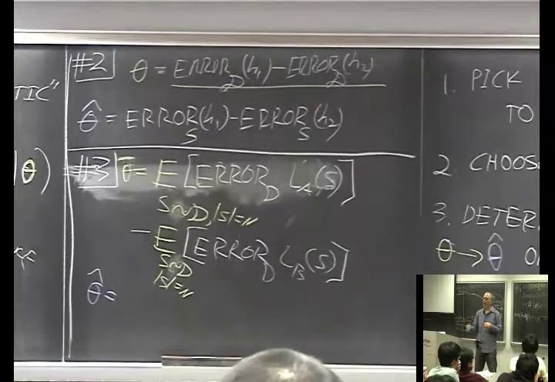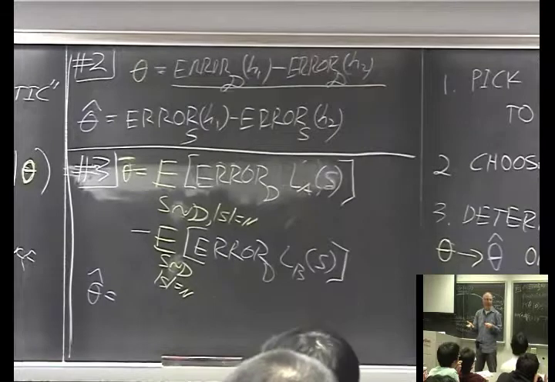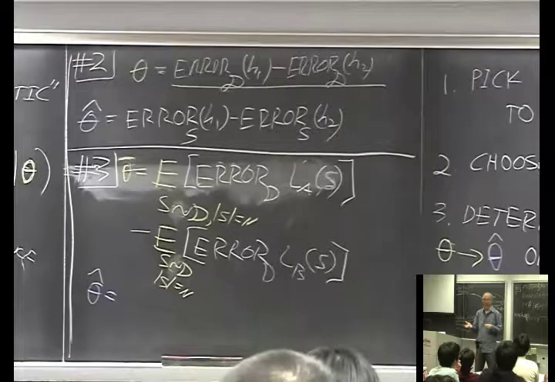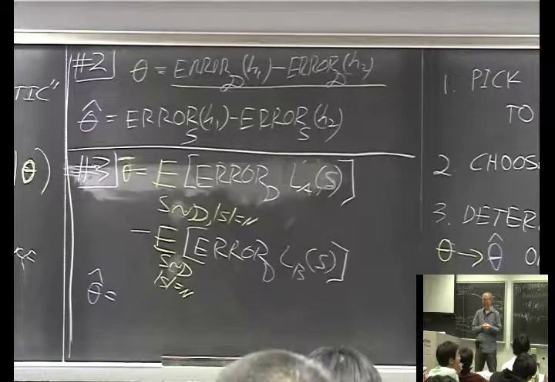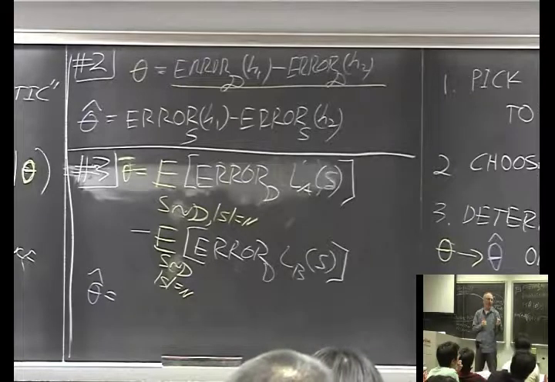It's as if I'm saying to you, take a coin and flip it once and use the outcome to estimate the probability of heads. It's okay in the sense that it's unbiased, but it has very high variance. How can we reduce the variance? We can do it by repeating the training-testing split many times and averaging over the result.